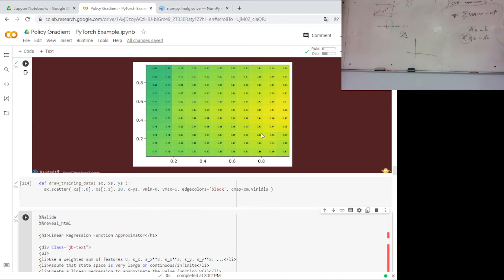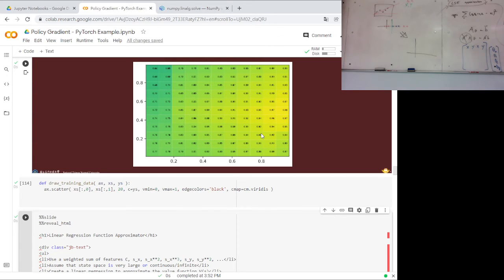So I extend theta. But if I do this, xy, multiplied by theta 0, theta 1, theta 2, theta 3, then I will not have gained anything.